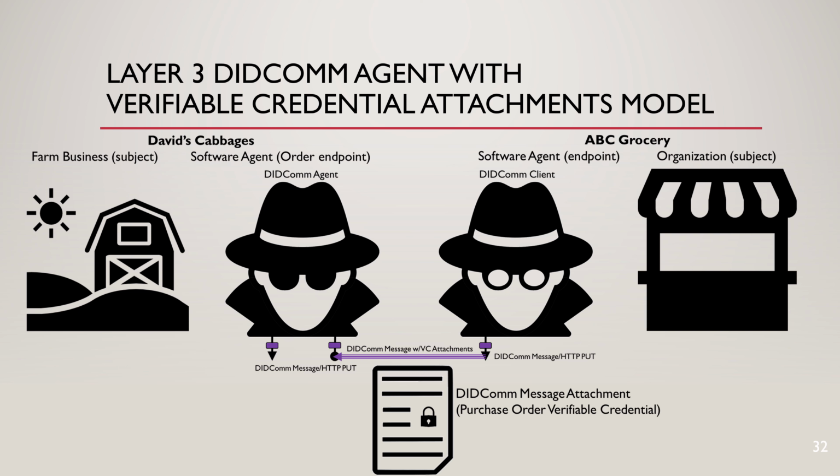And then you see the purple box on ABC Grocery's software agent, where the encryption and authentication is going to occur. That's going to be sent over to David's Cabbages, and on David's Cabbages' inbound service endpoint, with the bullet there, that purple box is going to do the decryption and the authentication.